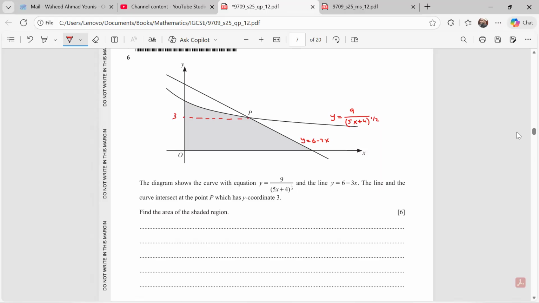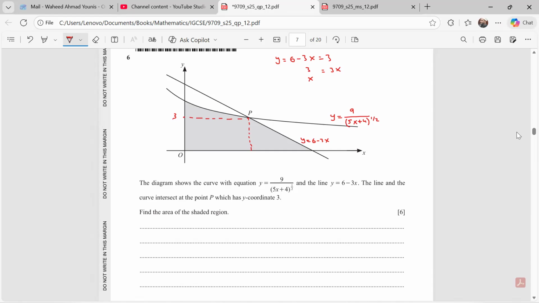So first of all, I need to know the x coordinate of this point. It is easy to deal with the straight line equation, y equals 6 minus 3x. The value of y is equal to 3, so I will solve this equation to find the value of x. 3x, if I take it on the right side, is equal to 6 minus 3, which is 3.